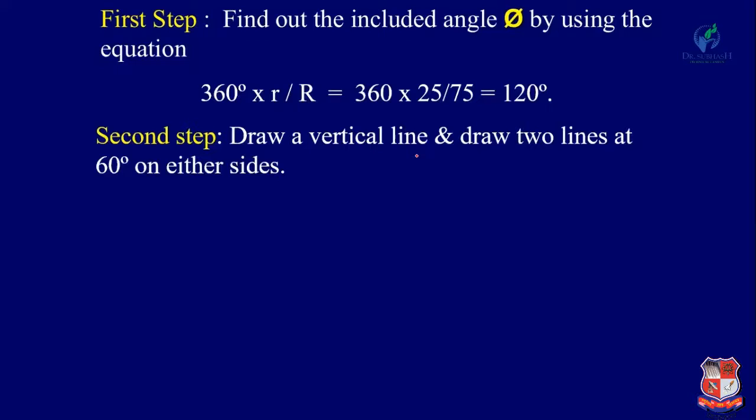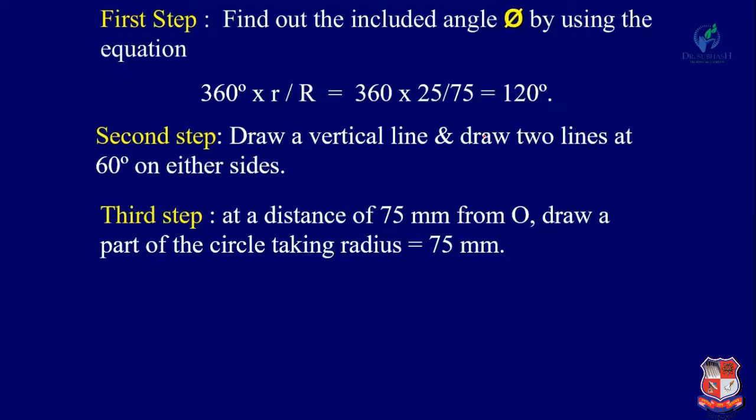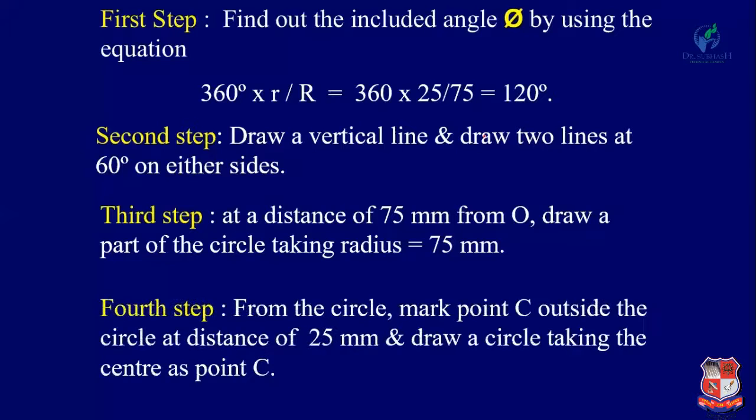Second step, draw a vertical line and draw two lines at 60 degrees on either side, so the total angle is 120 degrees. Third step, at a distance of 75 mm from O, draw part of a circle taking radius equal to 75 mm. And fourth, from the circle, mark point C outside the circle at a distance of 25 mm and draw a circle taking C as the center.